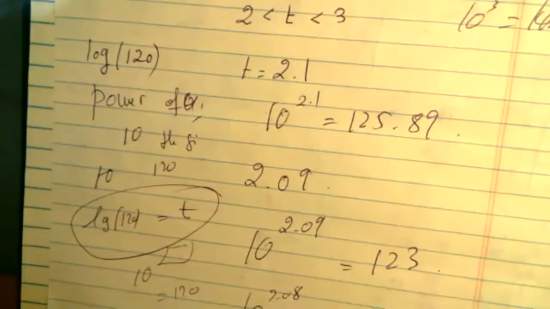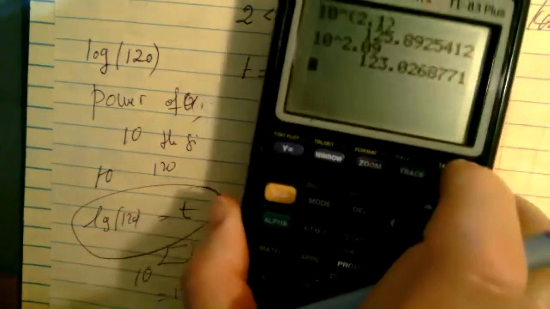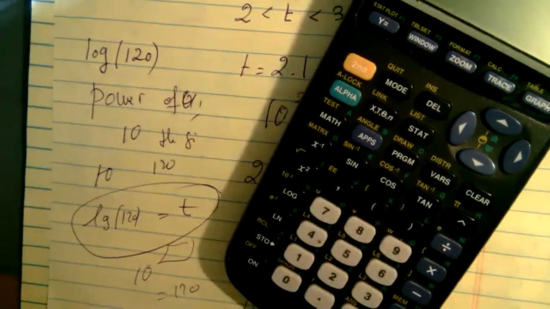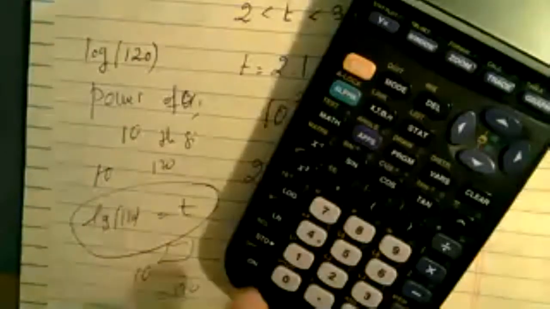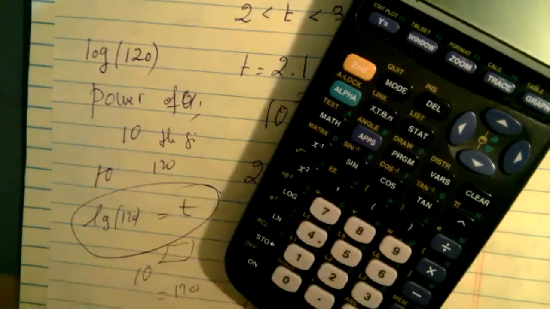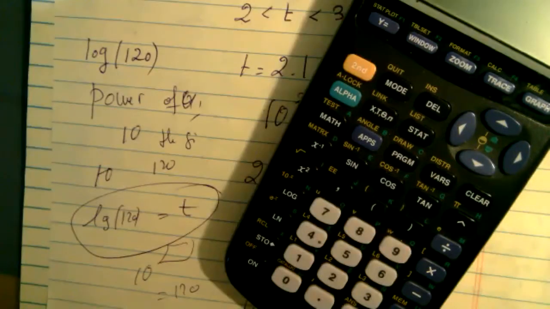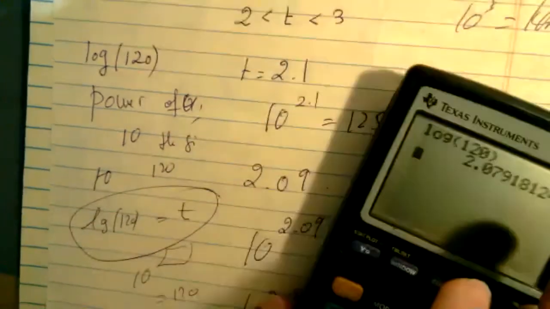And our calculators are equipped with that. So if we take our calculator, I want you all to locate LOG on your calculator. All of you. And compute log of 120. And what do you get? 2.07918124.